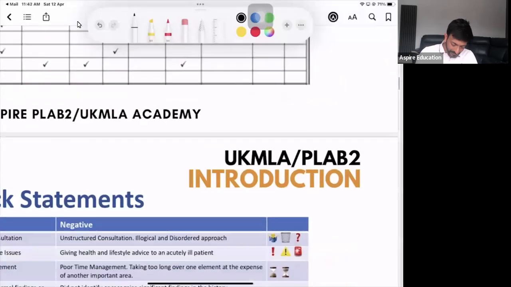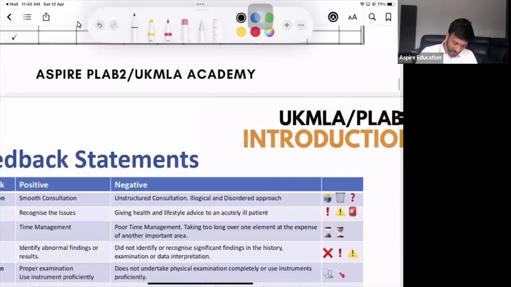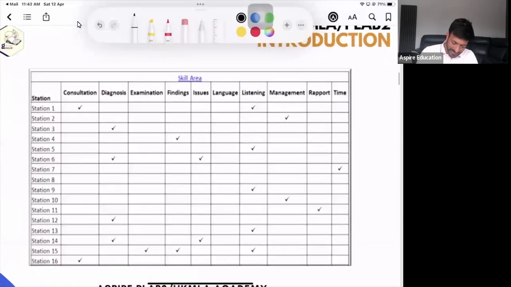Fine. Now, to pass this exam, what else do you have to do? They are marking us on these 10 skill areas. They are checking how our consultation skills are, how we are making the diagnosis, whether we are able to make the diagnosis or are giving differentials. If you're doing the examination, are we able to do it properly? Are we able to use the instrument proficiently or not?